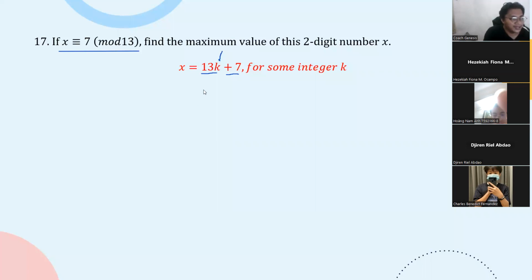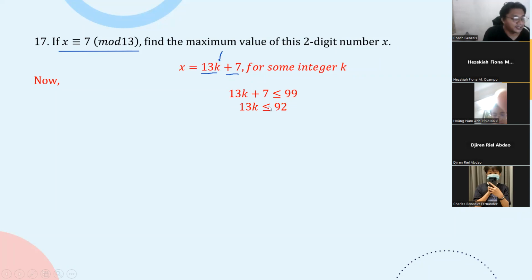Next, the question asked, find the maximum value of this two-digit number. So that means 13k plus 7 should be less than or equal to 99, because the maximum two-digit number is 99. Okay, so here we solve for the value of k.